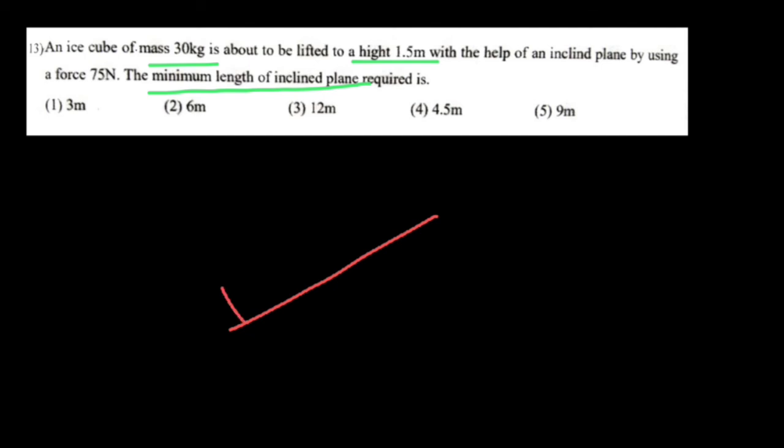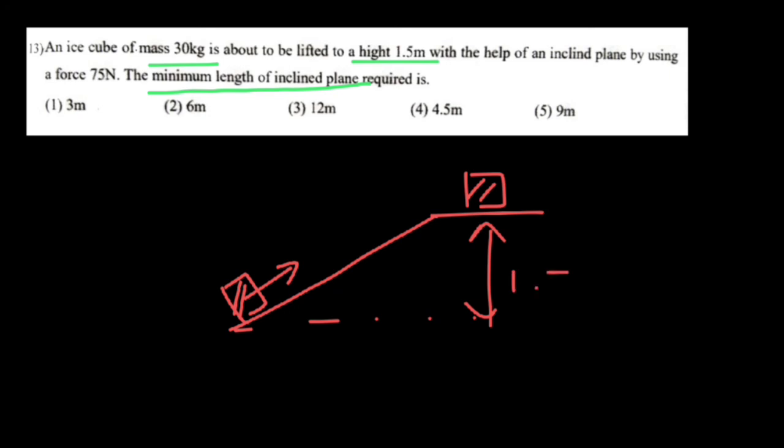Then the work done to move this block up the plane to a height of 1.5 meters is equal to the work done against gravity, because as we discussed in the previous question, you have two types of work done, one against friction and the other against gravity. Here there is no frictional force, so the work done is just the work done against gravity.